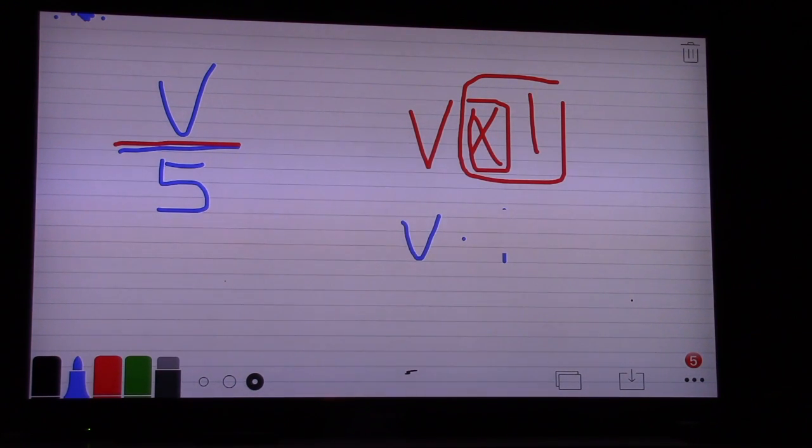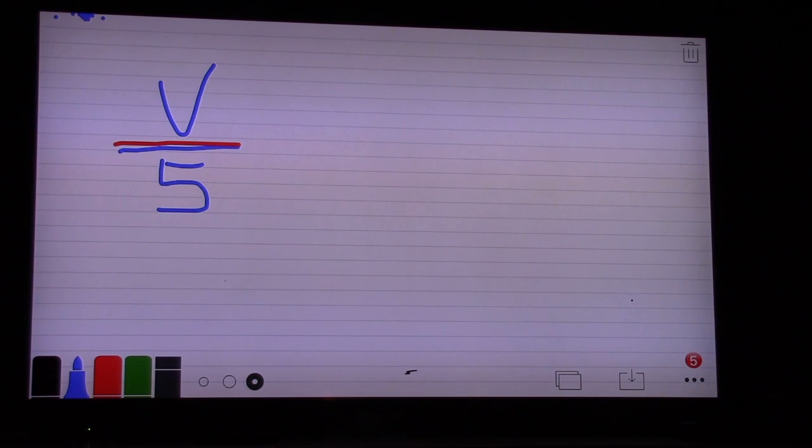Let's go back to our problem, and let's take a look at v being divided by 5. Well, the undo, or the inverse, of something being divided by 5, I'm going to just look at some fractions for a minute.